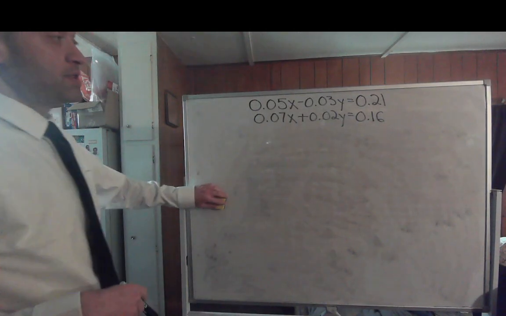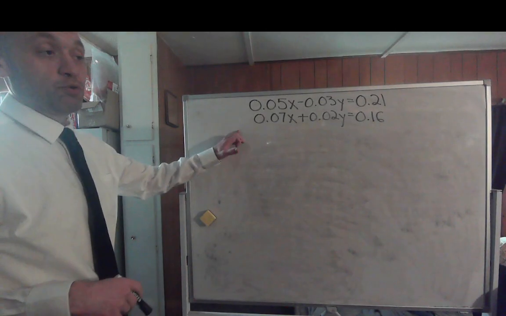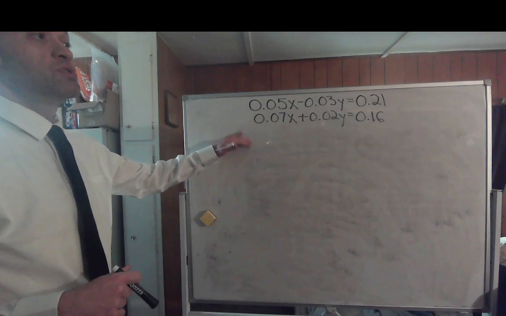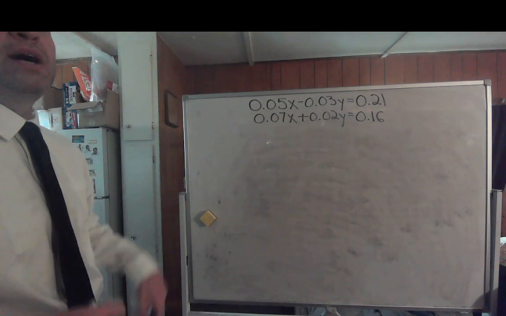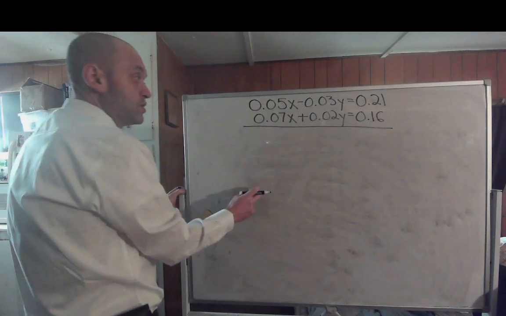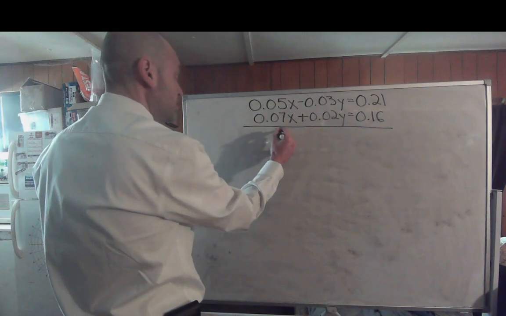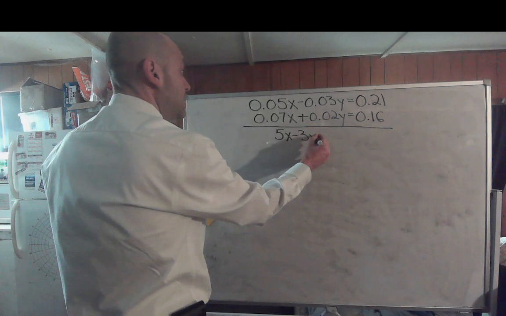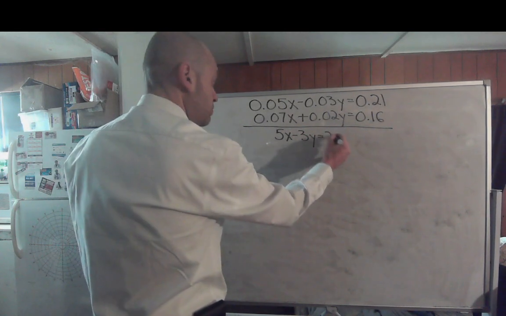Well, in both equations you have two decimal places, which means that in order to get rid of the decimals, you need to multiply both equations this time by 100. The first equation would turn into 5x minus 3y equals 21.